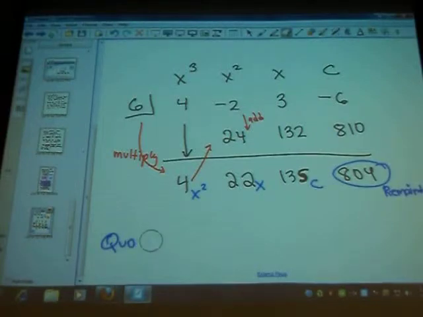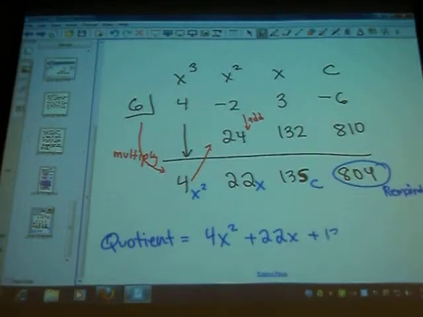When you divide, you get a quotient. So my quotient would be 4x squared plus 22x plus 135 with a remainder of 804. Do you remember how to write your remainder in long division?